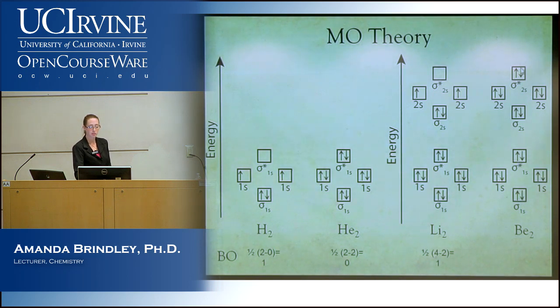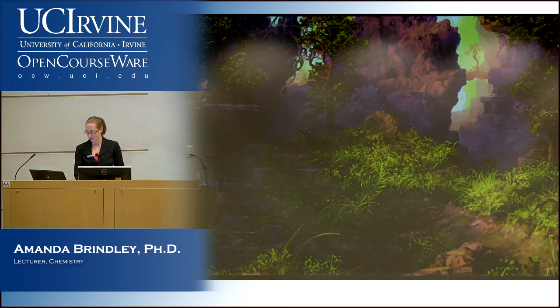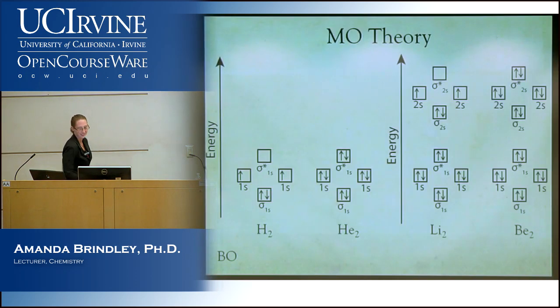How many in anti-bonding orbitals? 4. So 4 minus 4 is 0, so we have a bond order of 0. Quick fix there. There we go.